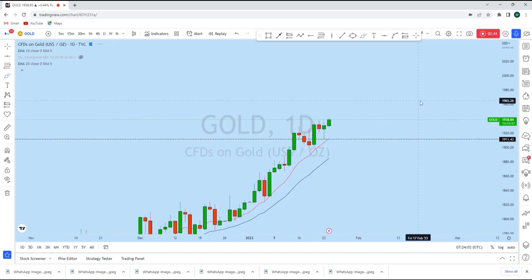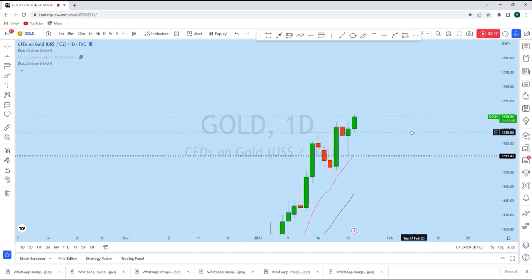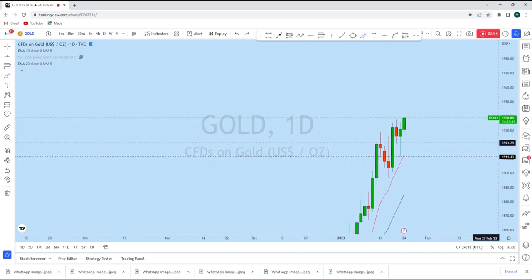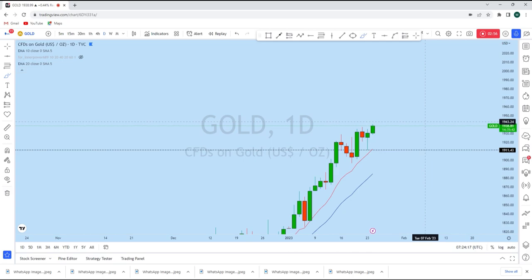Now, on the daily time frame, the previous day a narrow doji formed here, which is a strong rejection from this local level of support. It's a sign that gold bulls are still very strong. If you look closely at all this daily price action, we see strong green candles followed by narrower red candles and dojis, which show significant bullish momentum.